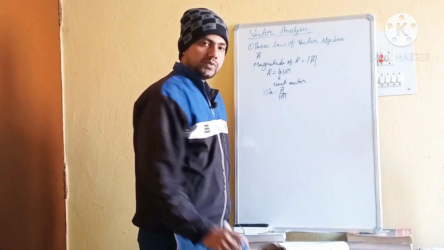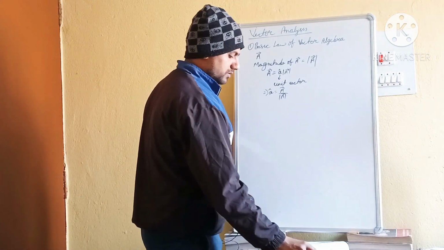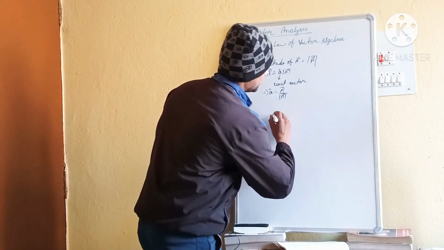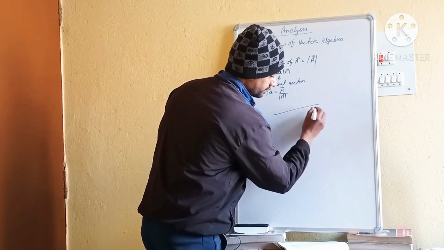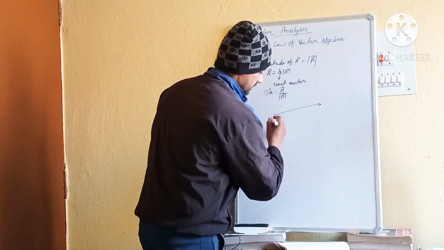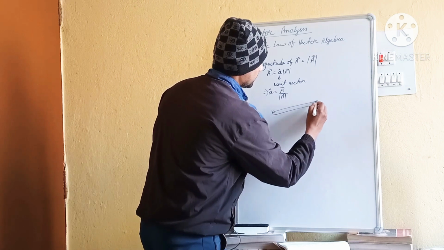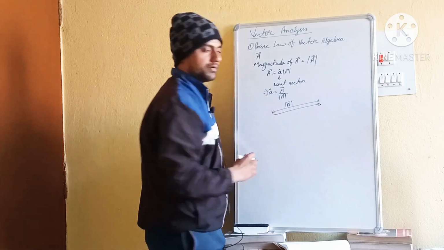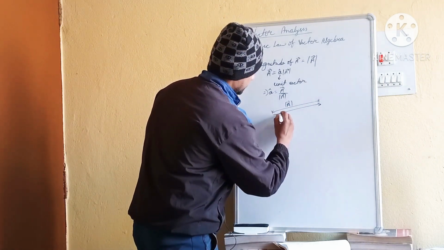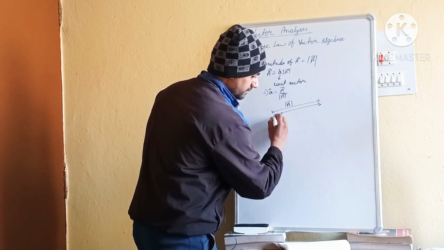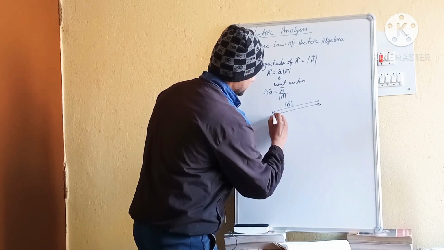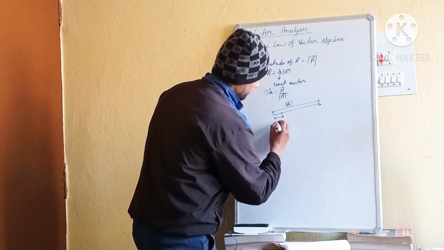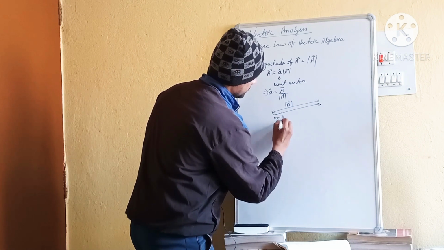And graphically we can also represent all this. For example, if I take a vector A, from here to here is the vector's magnitude. So this is the magnitude of vector A, and if from here to here we have a length, this is A cap equals 1.